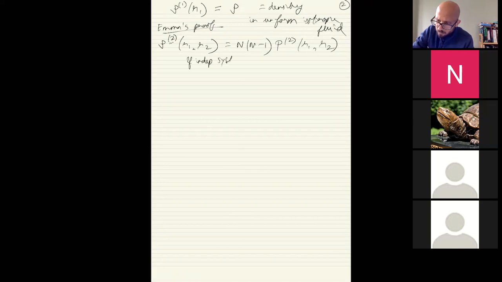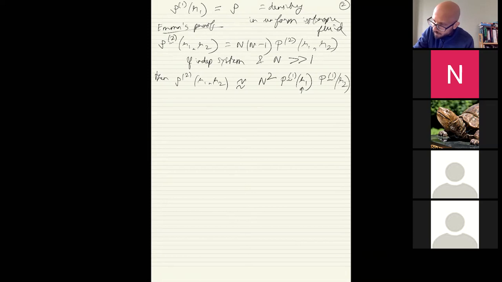independent system and n much more than 1, a very large number of particles, then rho 2 R1 R2 is approximately n squared multiplied by the probability of finding particle 1 at R1 and particle 2 at R2. Notice I have written 1 over here.